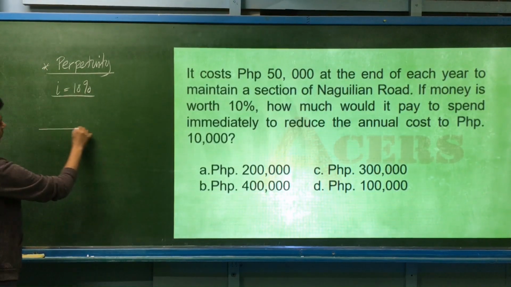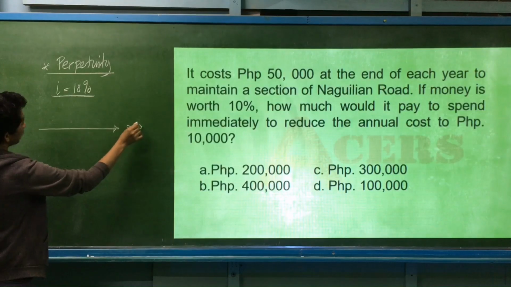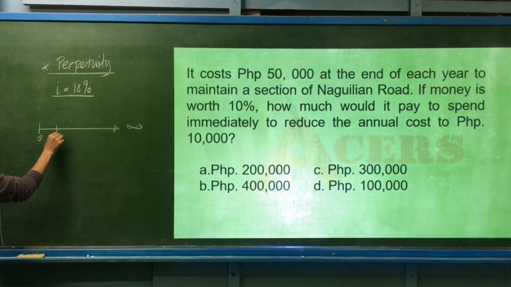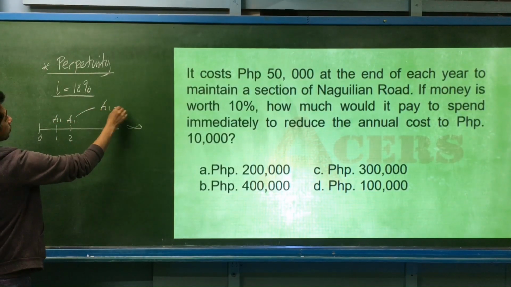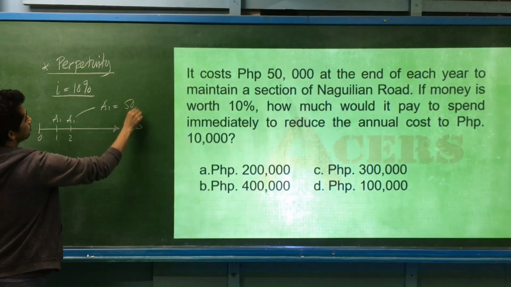Yung first case na sinabi niya dito, up to infinity, let's say this is A sub 1, yung gastos every end of the year is 50,000.